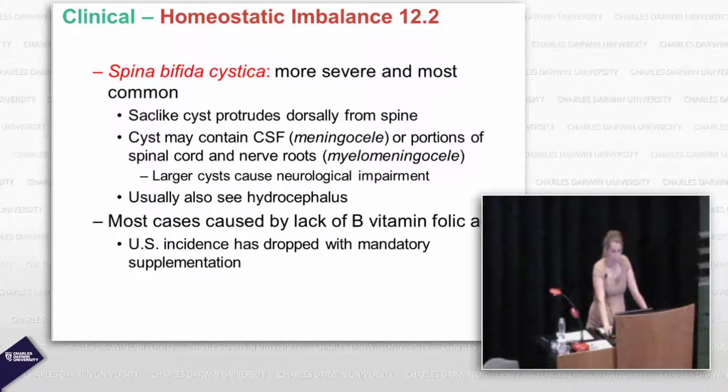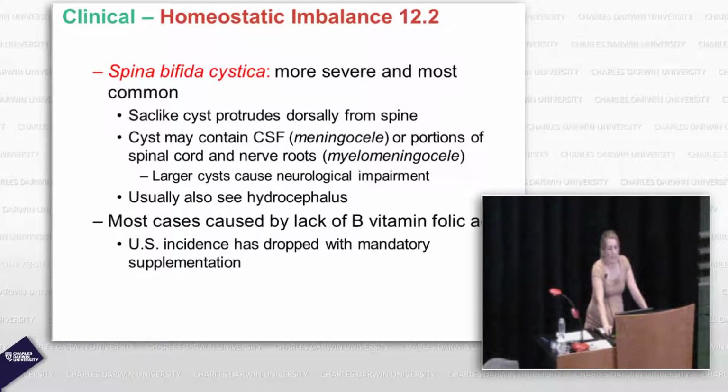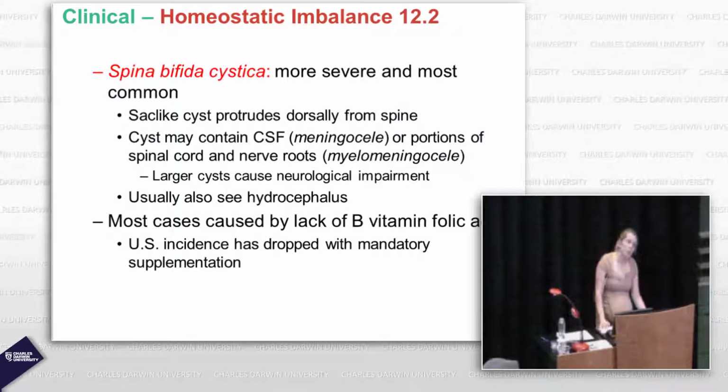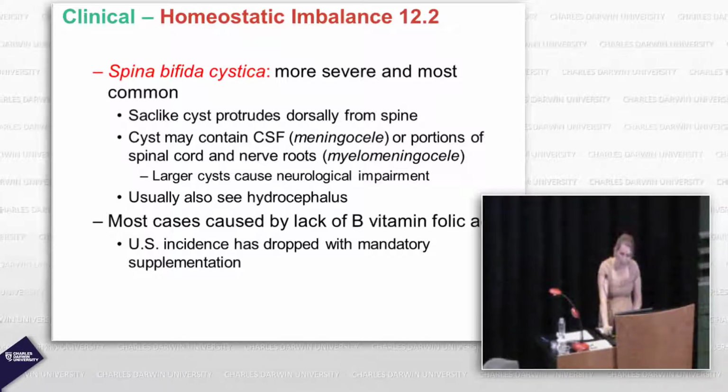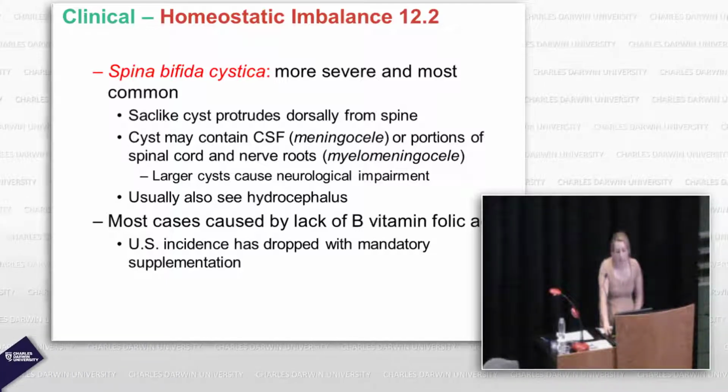We do know now that these three conditions, so both the spina bifidas and anencephaly, are caused by a lack of the B vitamin folic acid. So supplementation in at least the 3 months prior to conception has actually caused a drop in the rate of the occurrence of these conditions.